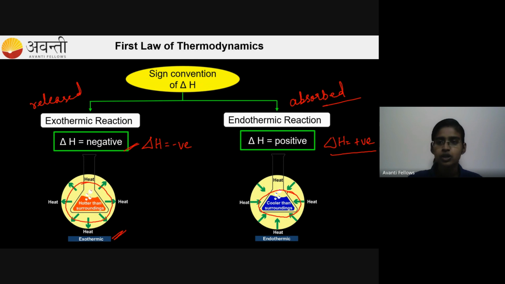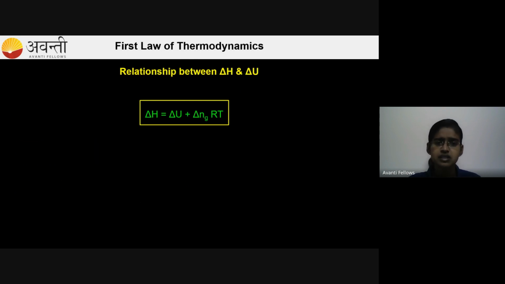Now I will move on to one very important relation, which relates the internal energy and enthalpy. So delta H, enthalpy, is equal to delta U plus delta Ng RT.